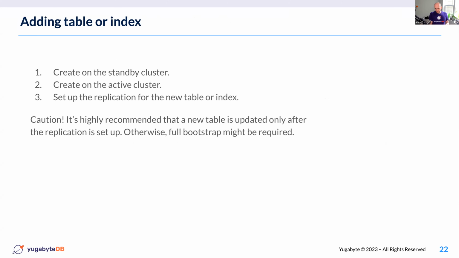Another important aspect of disaster recovery is how you deal with schema changes, right? There are several things here. First of all, adding a table or index. I'm mostly bringing this up because the process is going to change in the future. Currently there are some manual operations that you need to do when you add a table. You have to execute the create table or create index statement on both clusters, active and standby, and then also manually add the table to the existing replication.